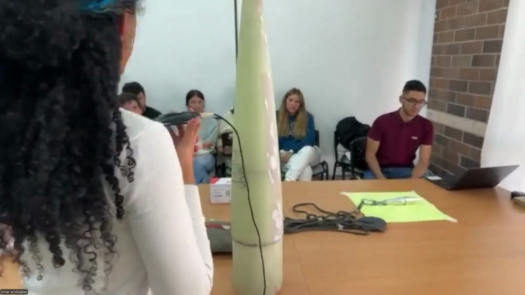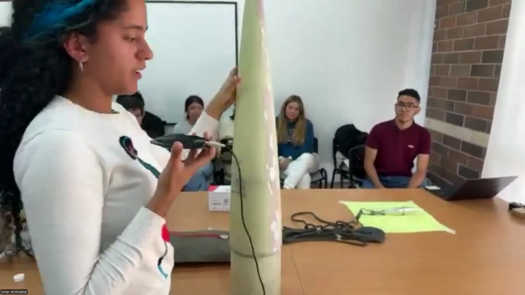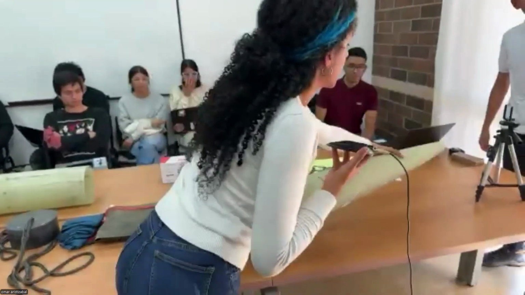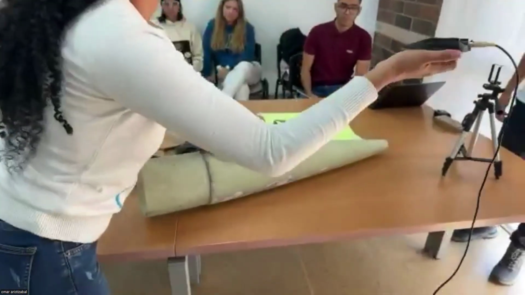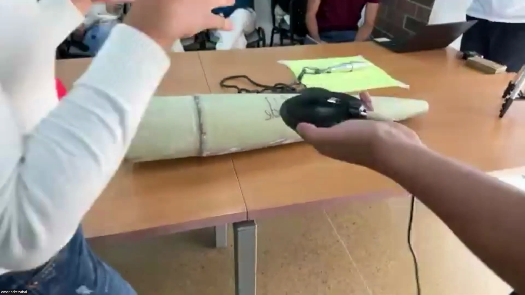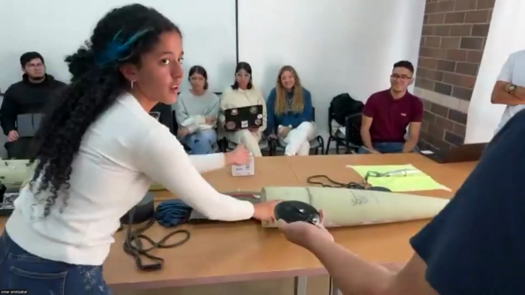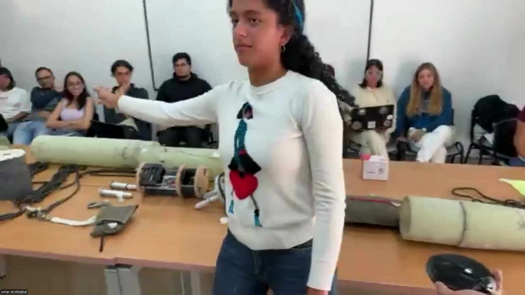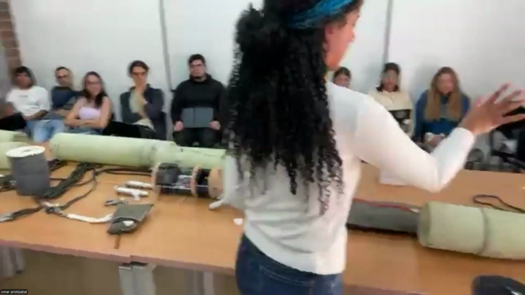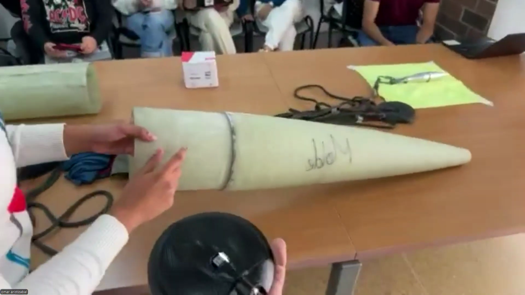Yes, we do. I want to add a little data about the nose cone. The rocket will eject in two sections, from the nose cone and from the motor down. I'm going to talk a little bit about the nose cone. Here you can see the holes for the shear pins.